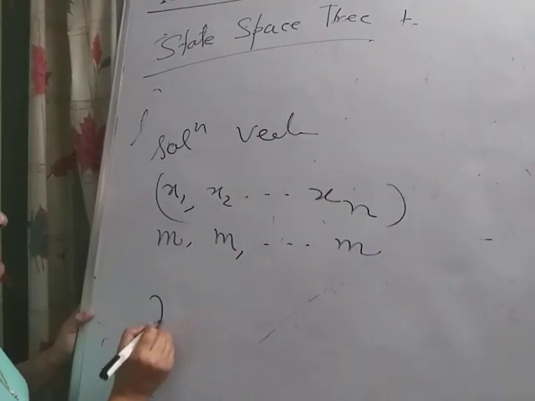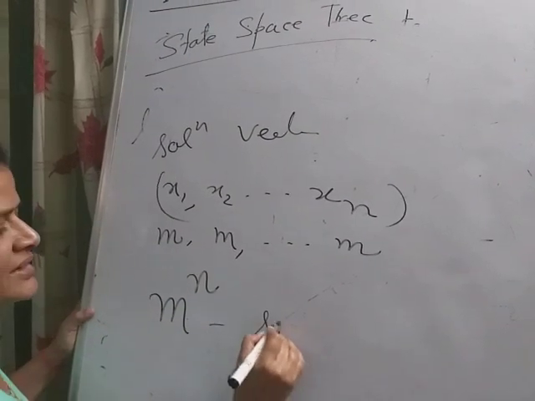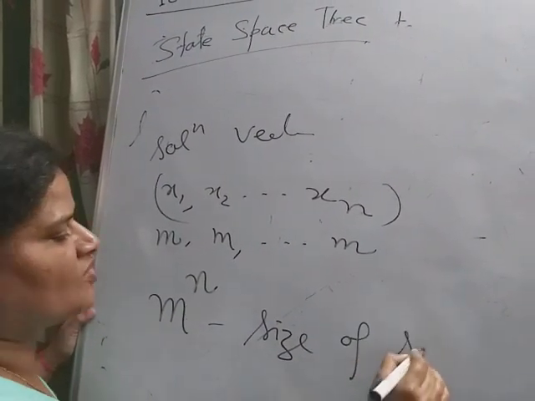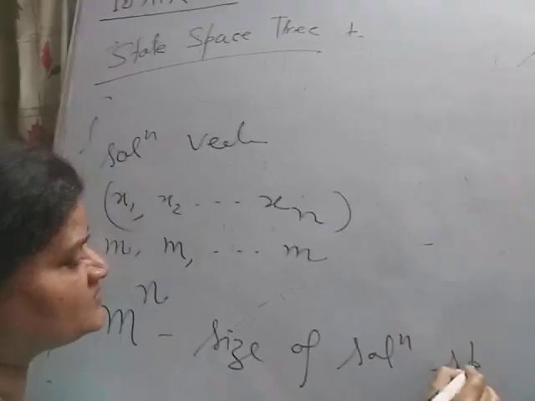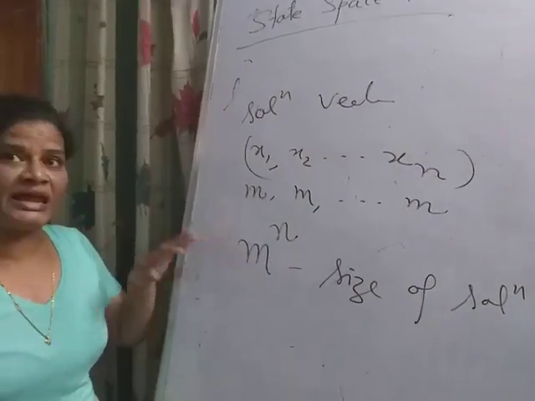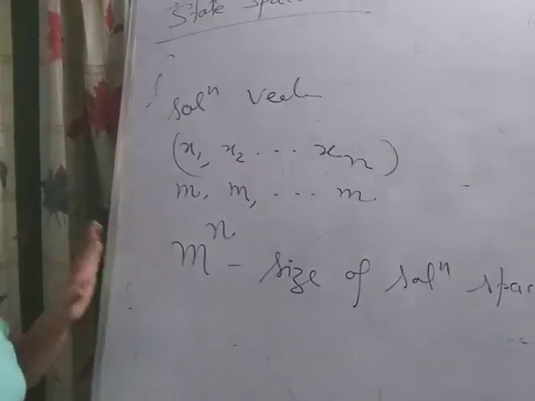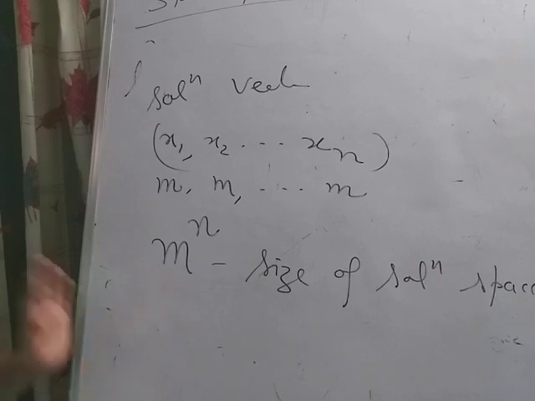So m to the power n is the size of the solution space. Size of solution space means m to the power n number of tuples that satisfy the explicit constraints.